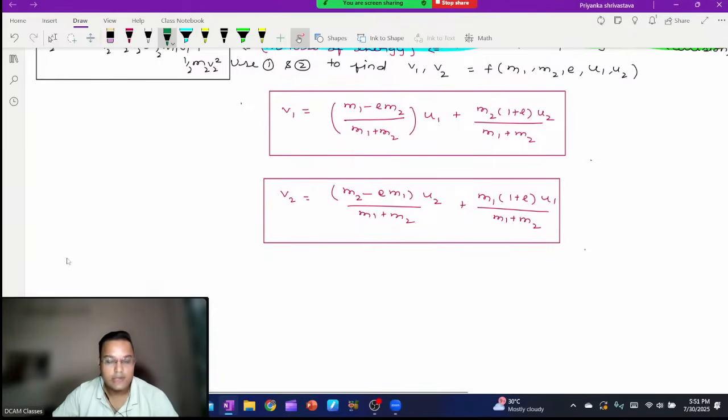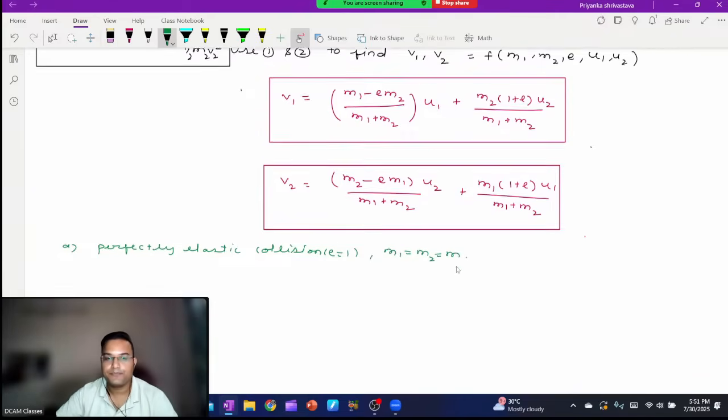The condition is a perfectly elastic collision, meaning e is equal to 1, and m1 is equal to m2 is equal to m, meaning both the masses are the same.